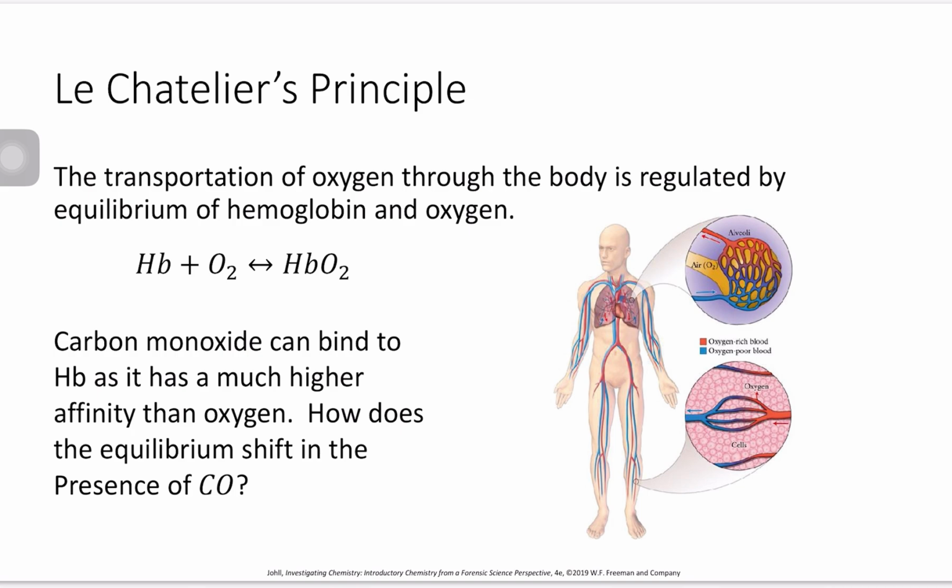An important example is the transportation of oxygen throughout our body, and it is regulated by the equilibrium of hemoglobin and oxygen. So oxygen is going to bind to hemoglobin, and in doing so, it gets transported throughout our body.